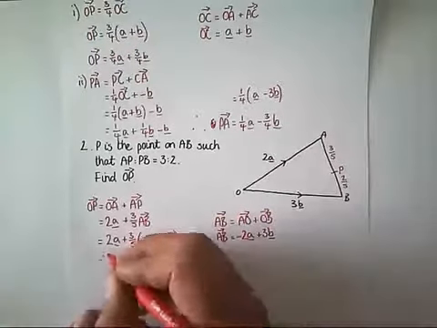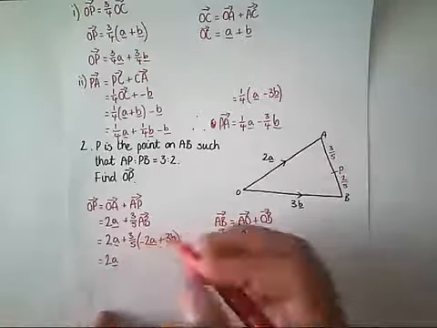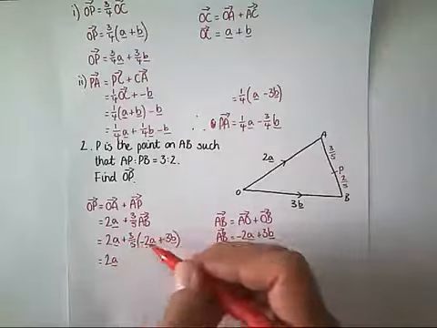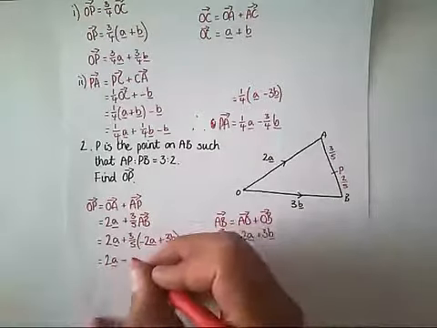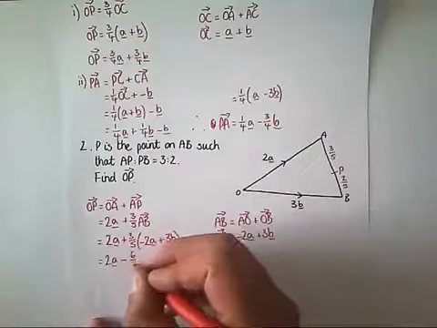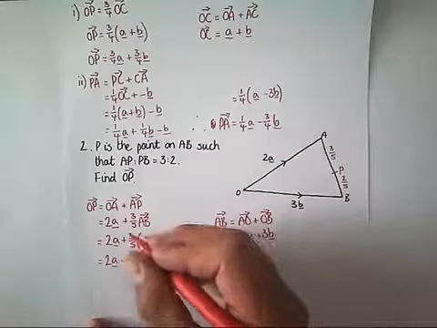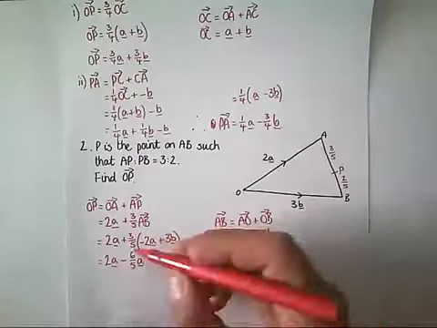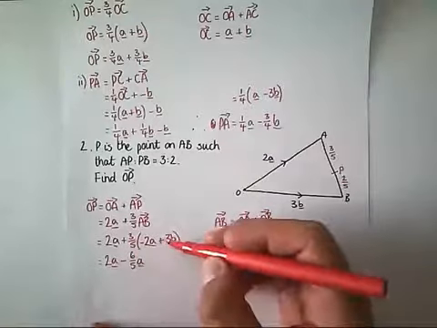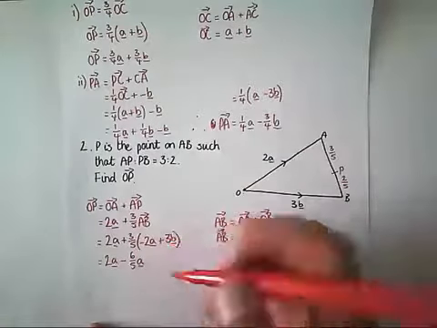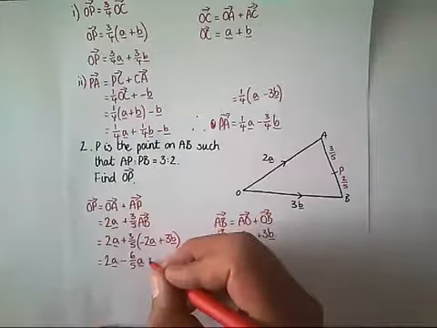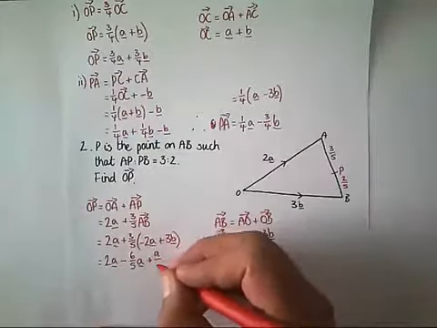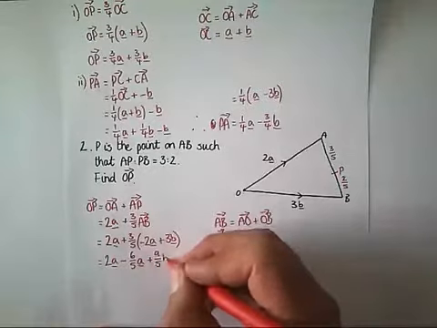So we get 2A, 3/5 times minus 2 is minus 6/5. Okay, you just times the minus 2 by the 3. Okay, and then 3/5 times 3, again times the top, the 3 by the 3, you get plus 9/5 B.